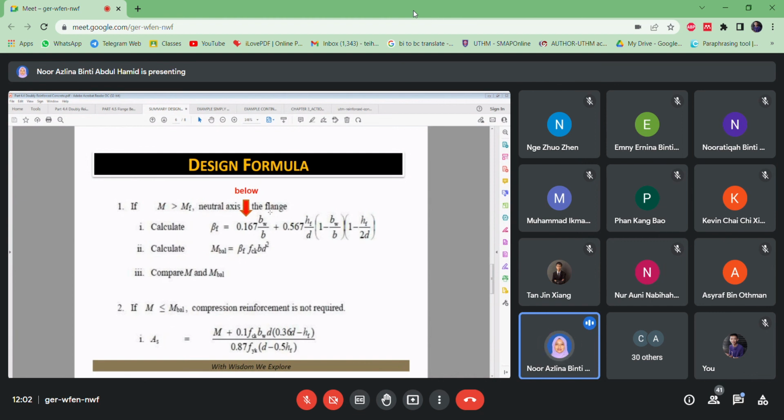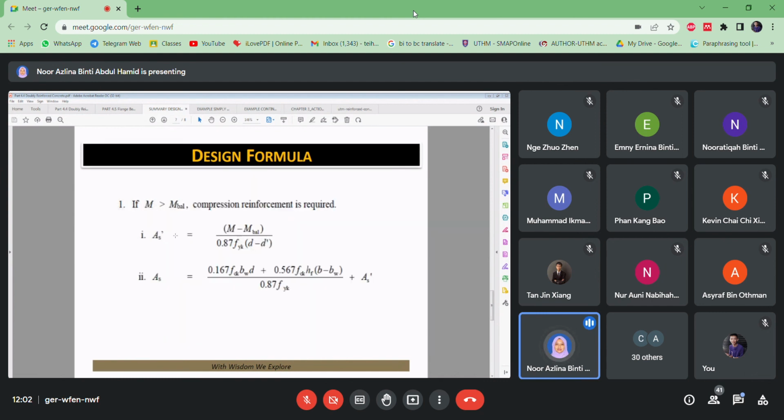So ada dua condition, sama ada less than M balance or more than the M balance. Kalau condition less than M balance, compression reinforcement is not required, tapi you kena guna equation AS ni. Okay, kalau more than M balance, so this is all the equation that you need to use.